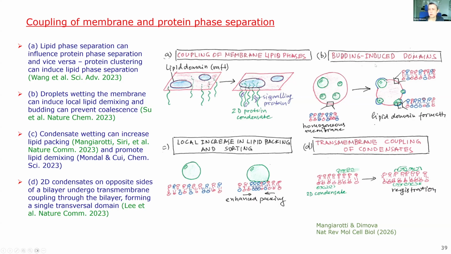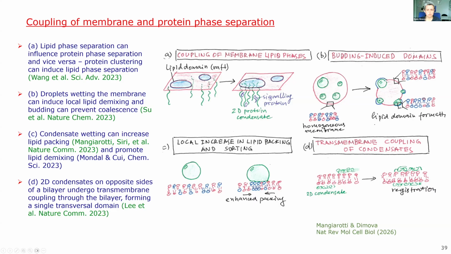Another example is budding-induced domains, where droplets, when they stick to a membrane which is homogeneous, induce phase separation in the membrane. So induce a domain which is more rich in the blue lipids, for example, compared to the red lipids here in the rest of the membrane.